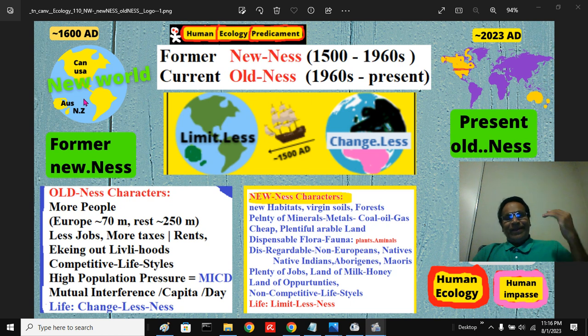New World means, after the discoveries, the New World, like Canada, essentially the two Americas, and Australia and New Zealand. This is the New World, with its former newness. It used to be a brand new world from 1500 to around World War II.